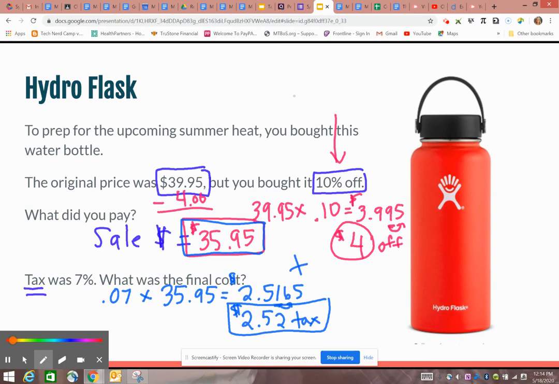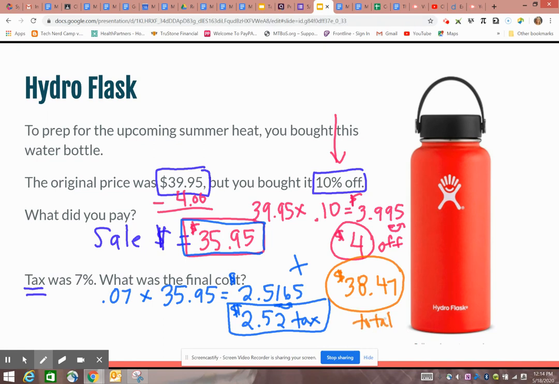So the grand total I have here is $38.47. You might notice now, this is the grand total, that it's still just a little bit cheaper at 10% off than that original price.